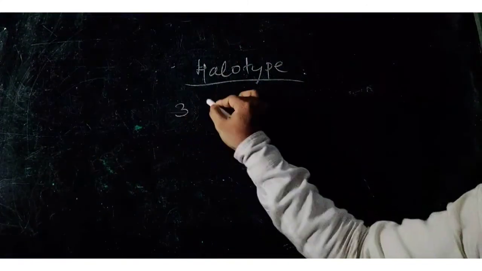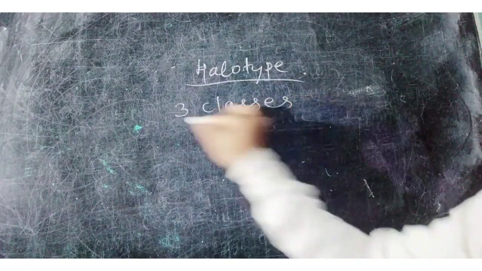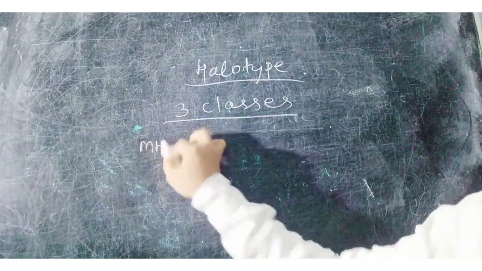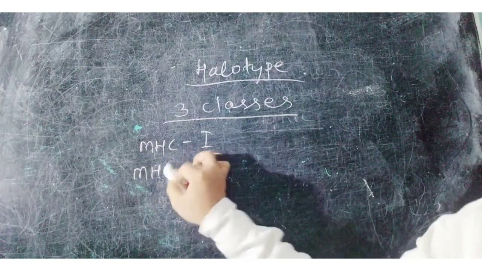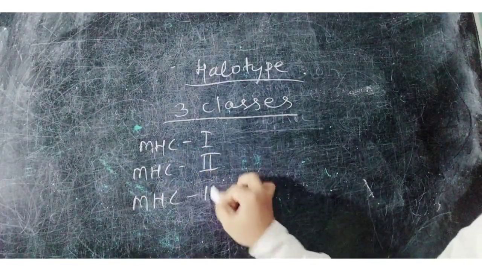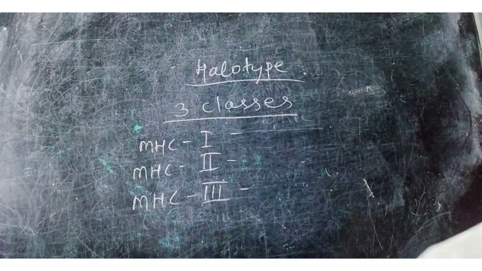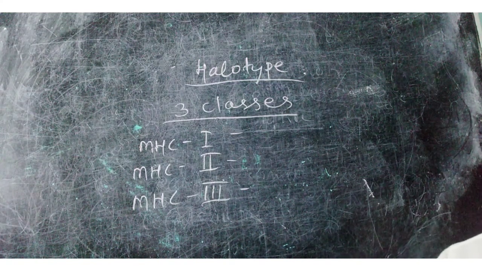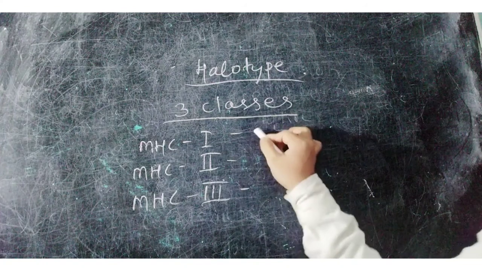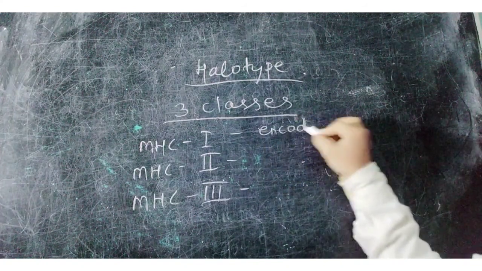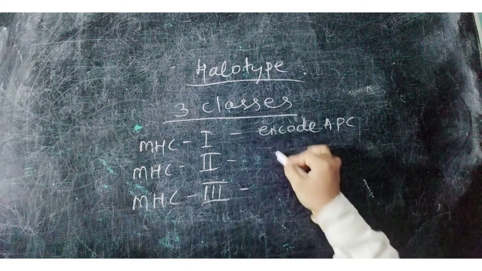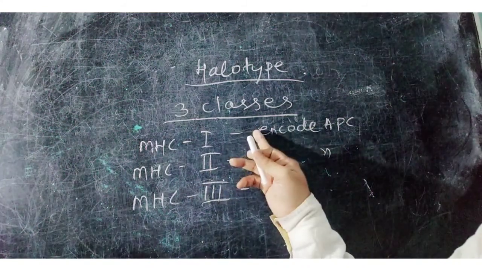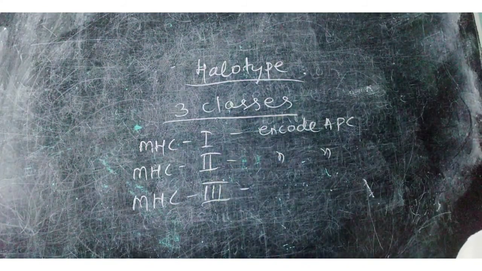There are three classes of MHC: MHC1, MHC2 and MHC3. What is the difference? MHC1 encodes antigen presenting molecules for endogenous antigen. MHC2 also encodes antigen presenting molecules, for exogenous antigen.